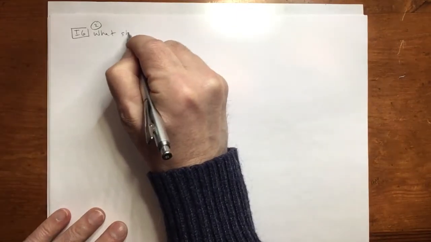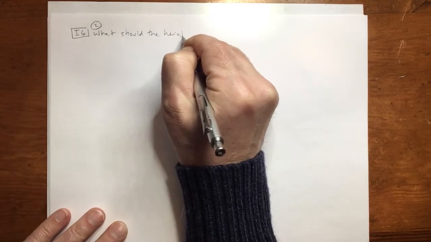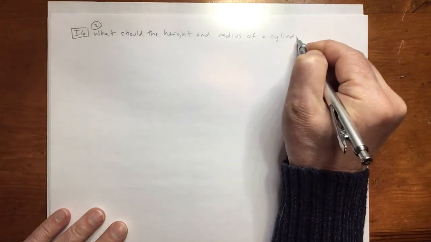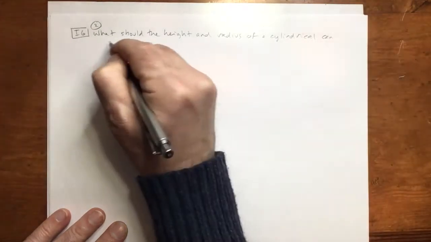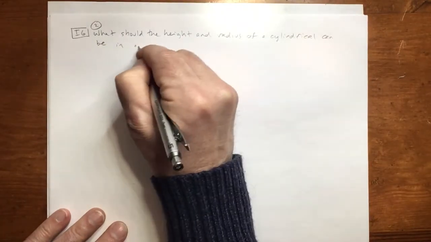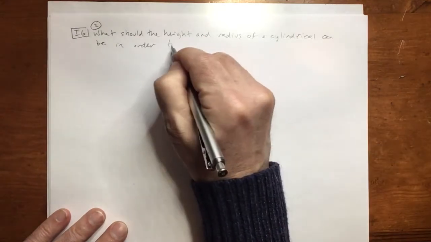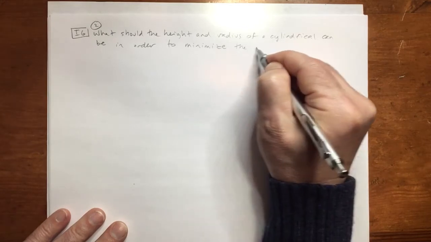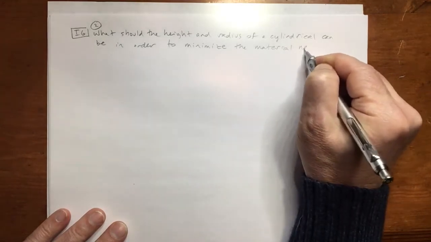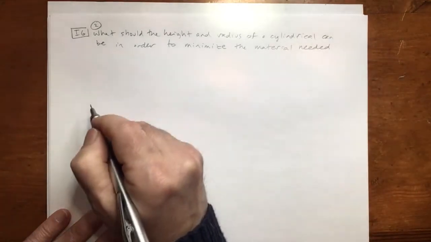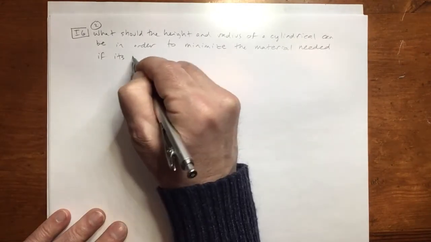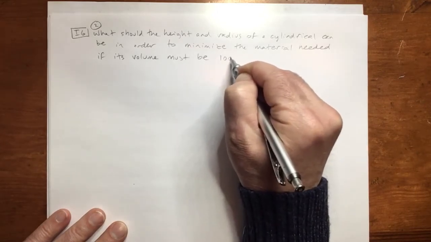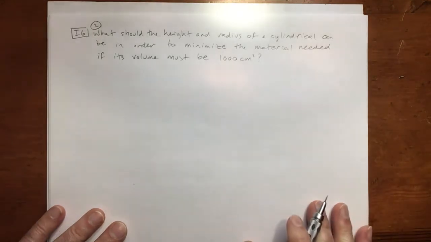What should the height and radius of a cylindrical can be in order to minimize the material needed if its volume must be 1,000 cubic centimeters.